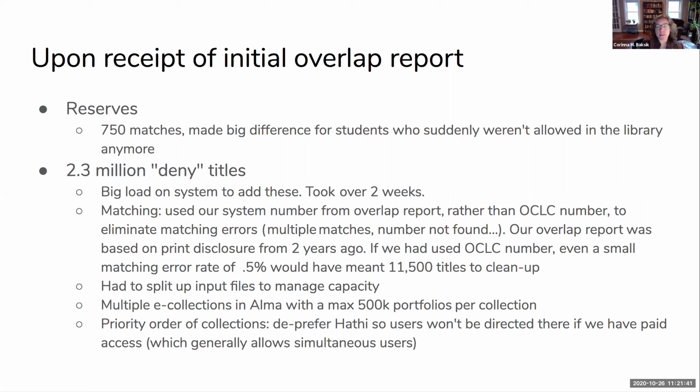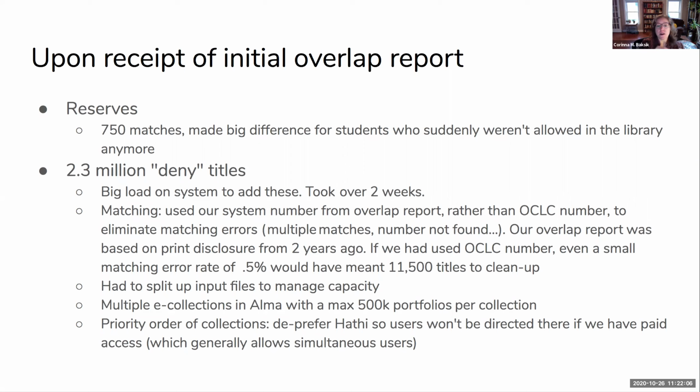I used as a match point our local system number in the file, and we could have used the OCLC number for matching, but we are also at the same time doing an OCLC data sync. So some of our numbers are changing and things are in flux a little bit. And if I had used OCLC number for matching, there definitely would have been errors to deal with.